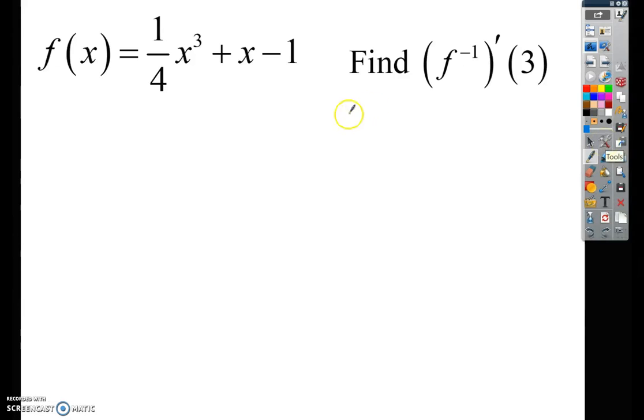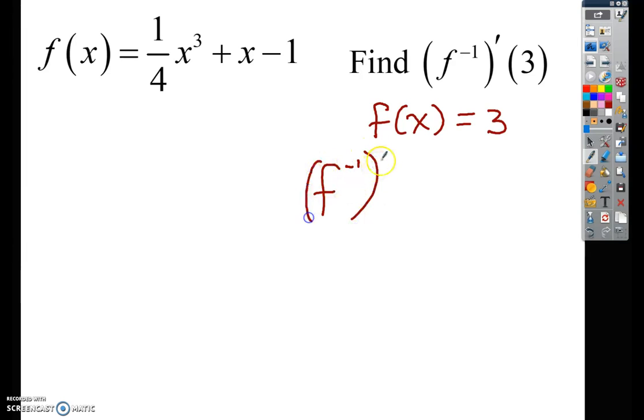So technically that means we need to figure out what x is when f of x is equal to 3, so that we can plug it into our new formula: f inverse prime of x is equal to 1 over f prime of f inverse of x.